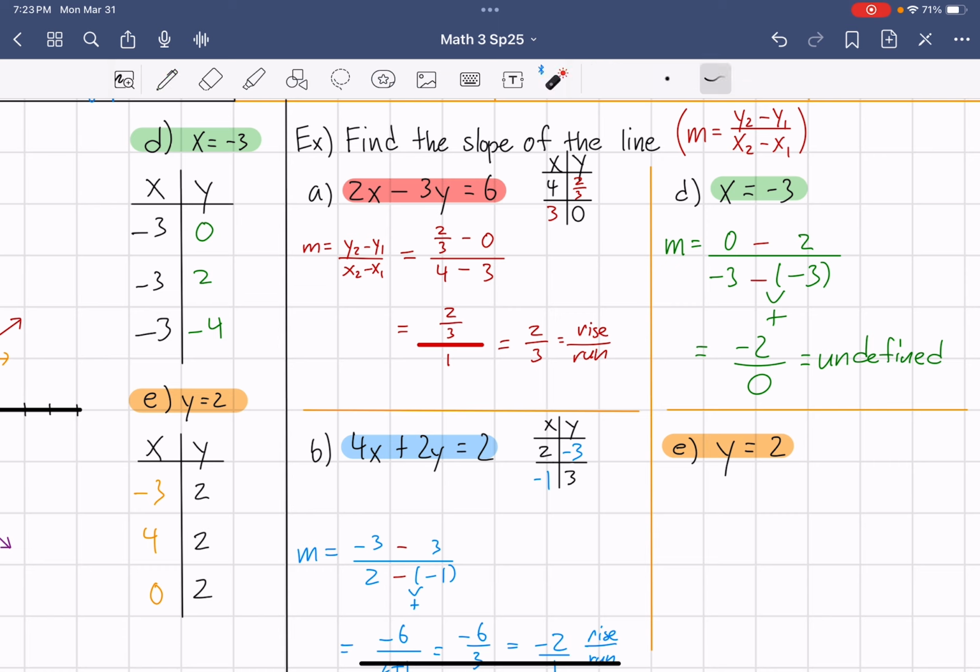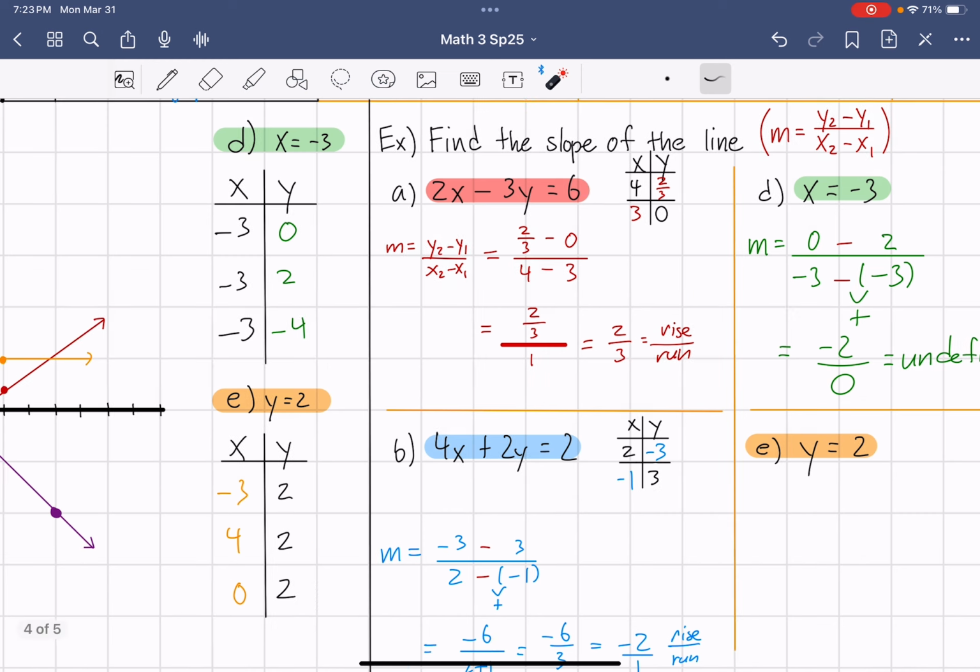And we could have seen that coming because the slope formula tells you to subtract your x's. Well, my x's are always going to be the same because the moment I change the value of my x, this is no longer a true statement. Meaning that anytime you subtract two numbers that are exactly the same, you're always going to get 0.